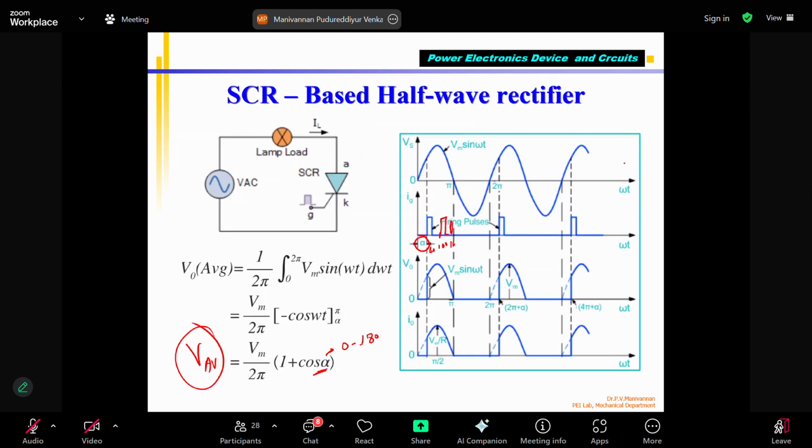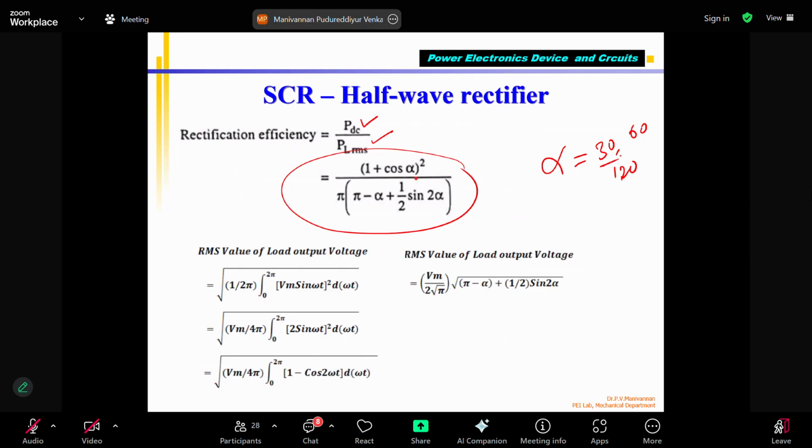Compute the VAC for different alpha. Correct? In the exam, I say it cannot be more than 180 for a half-wave rectifier. Then every time you have to substitute pi equal to 180, and alpha will vary: 30, 60, 120 like that.